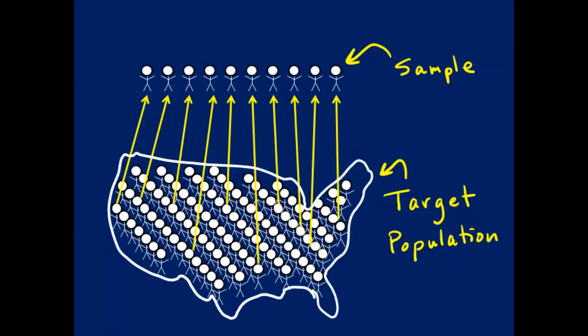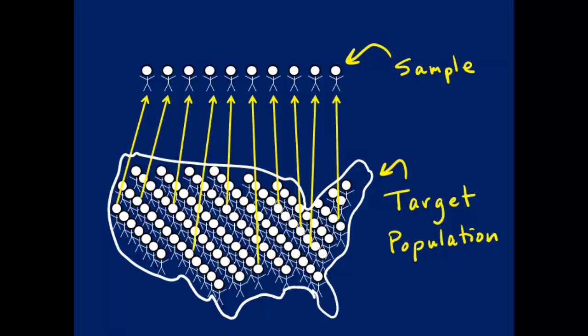But briefly, in the video on precision and bias, we saw this view. And this represents drawing a sample from the target population. And the target population here is the non-institutionalized US population. In this view, we were looking at a simple random sample, which means that all of the people in the target population had an equal probability to be selected into the sample.